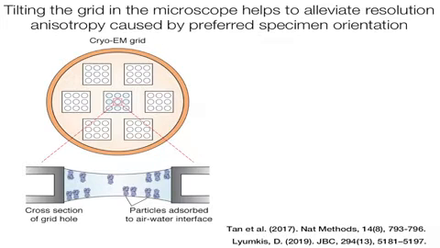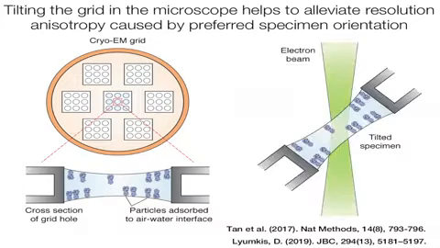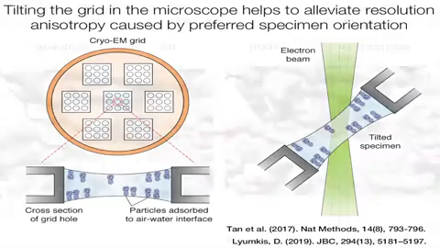And when you collect data for samples that exhibit this sort of behavior, you really only get one view of your macromolecular object of interest. However, you can tilt the grid during data collection inside the microscope, and when you do that, you can get a much better set of orientation distributions and more comprehensive sets of views.